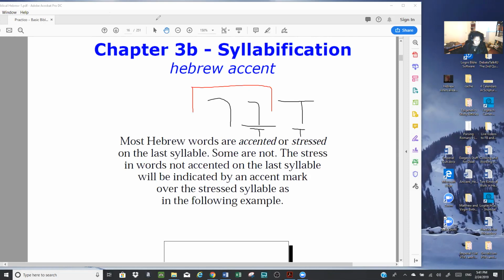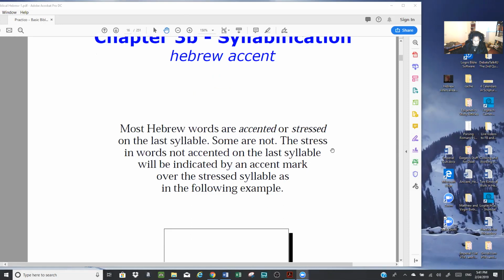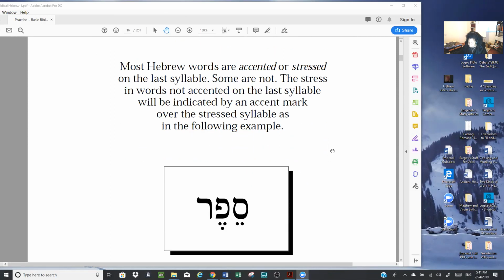Now we're going to talk about sefer. The word for scroll or book is sefer.